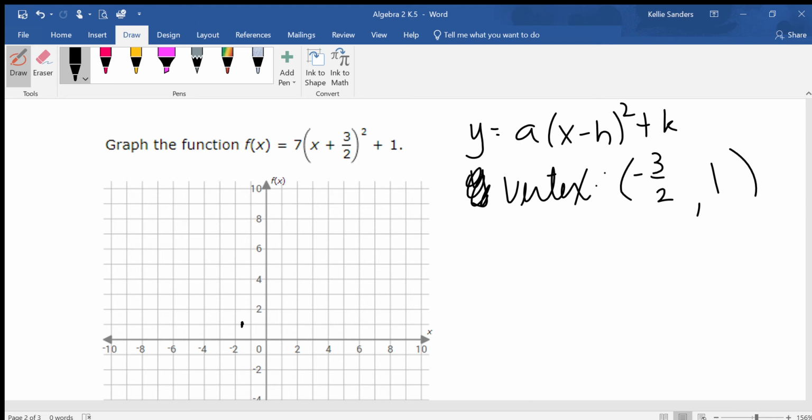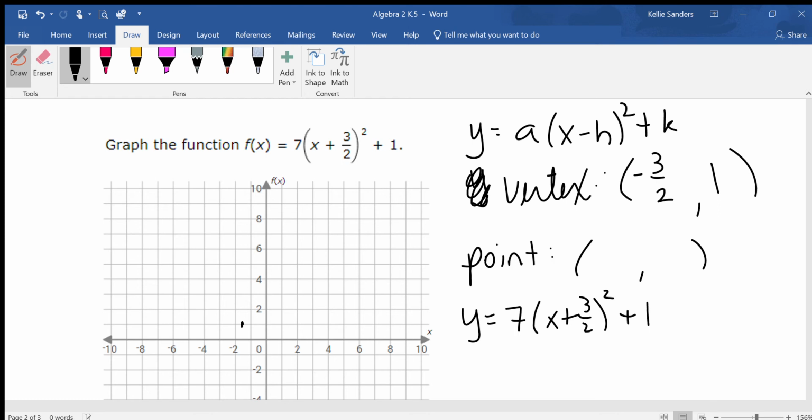Now we're going to find another point. That's when you have fractions. It gets a little bit yuckier than normal. Okay, so to pick a point, everything that I've picked so far has been 1 away from the x of the vertex.